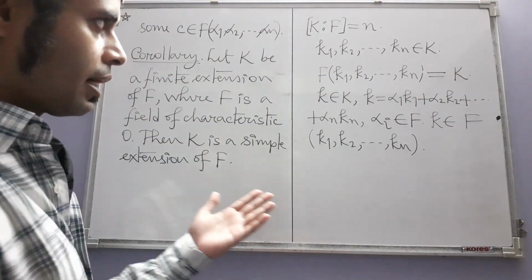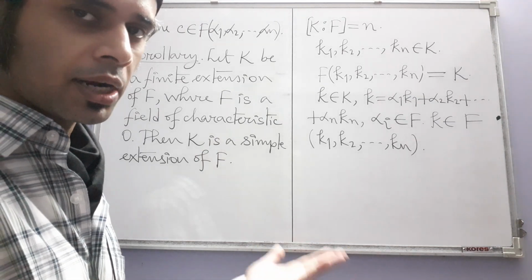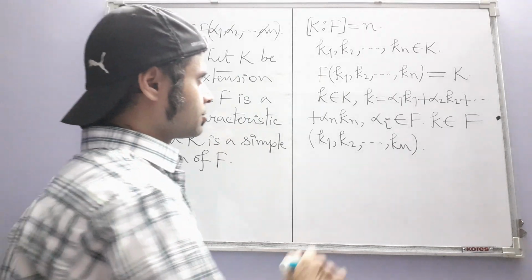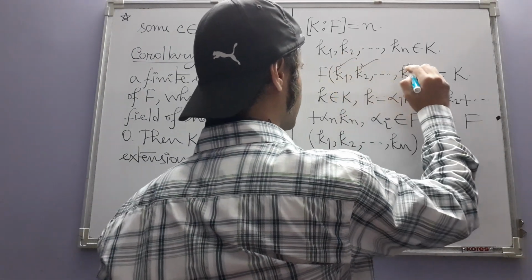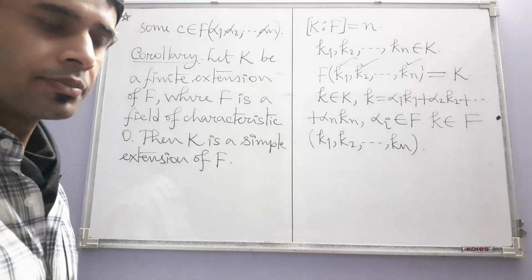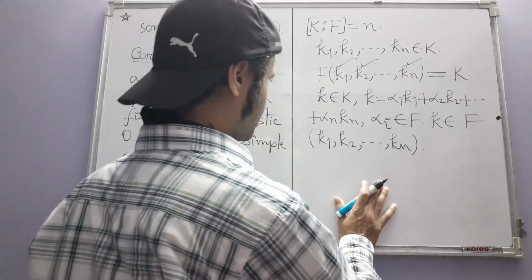But then also we are unable to immediately apply whatever we have achieved so far. Why? Because who is guaranteeing that these are algebraic elements over F? What about that? But that is rather easy.